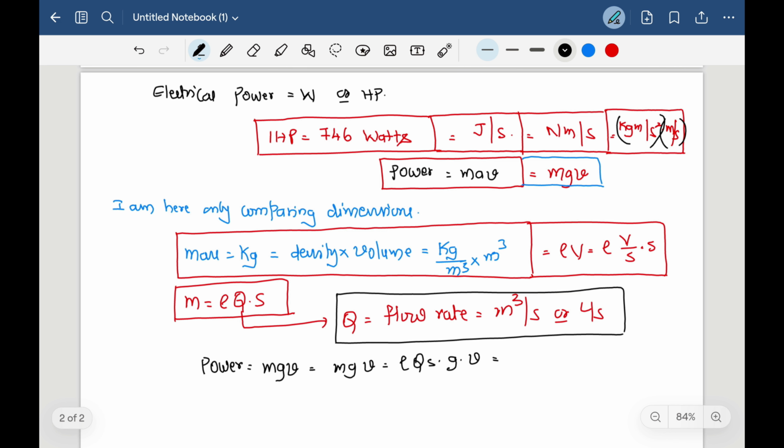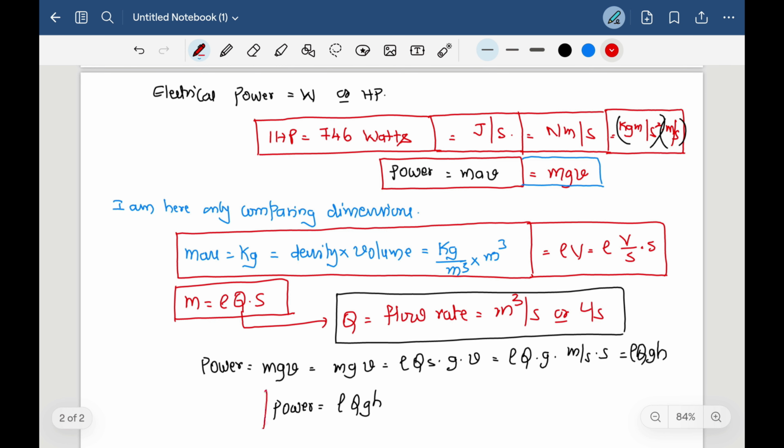What are the dimensions of v? Meters per second. Rho Q into g into meters per second into second. Then second will go up. Rho Q g into h. Meter is nothing but height. That means power of the pump is equal to rho Q g h.